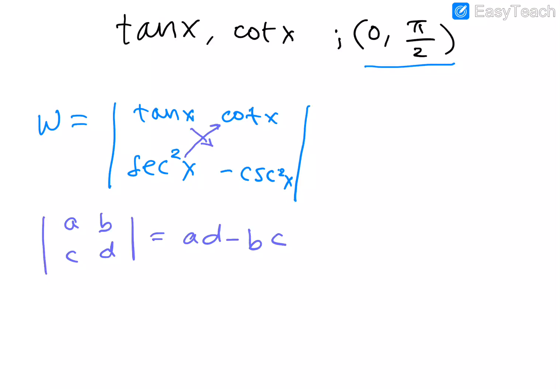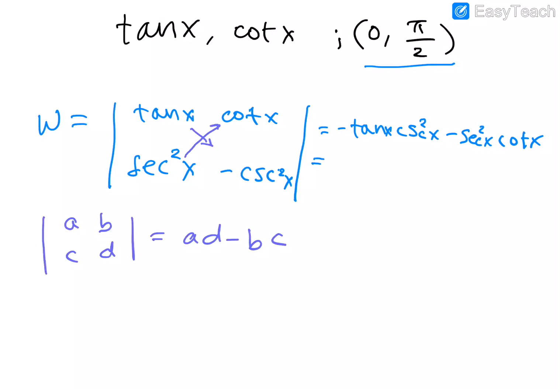Alright, so let's go ahead and do that. That's going to equal negative tangent x times cosecant squared x minus secant squared x times cotangent x.